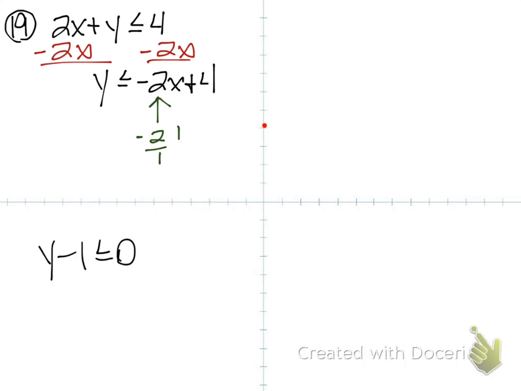So I'm going to go down 2 and right 1 from the point that I've already graphed. So down 2, right 1. So right in there. And then is my line going to be dashed or solid? It's going to be a solid line because it's equal to.